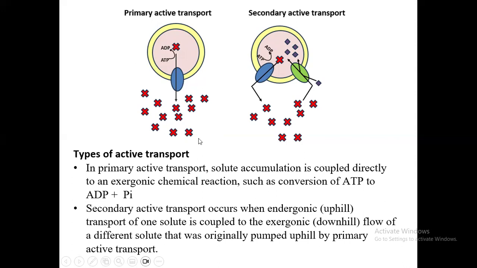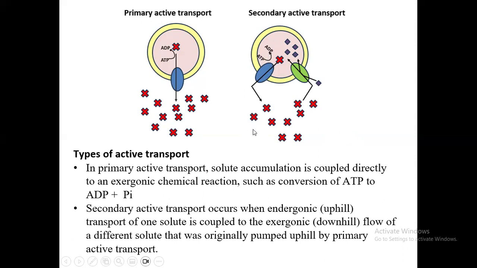Now, on the contrary, in secondary active transport, first we have transport of one metabolite. For example, metabolite X is again transported across the membrane against the concentration gradient by making use of energy. Here we have ATP hydrolysis, and that leads to accumulation of the metabolite in higher concentration across the membrane.